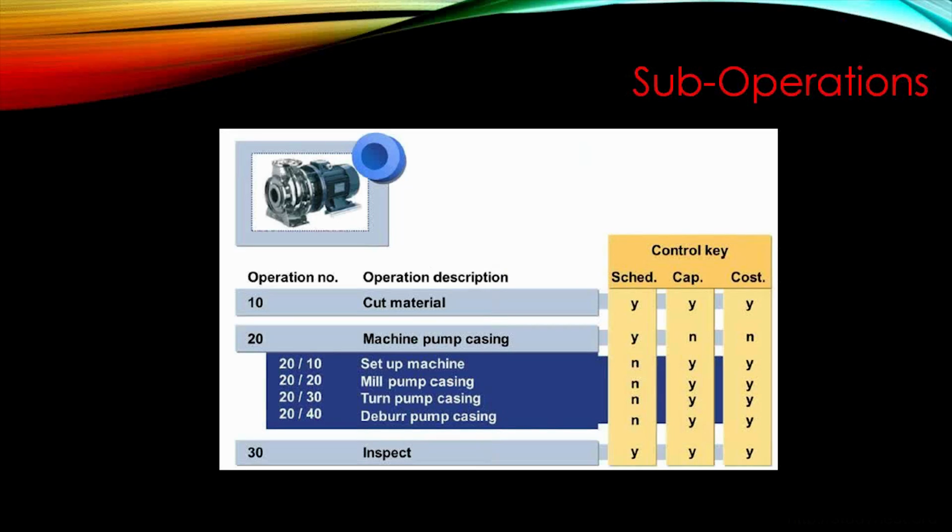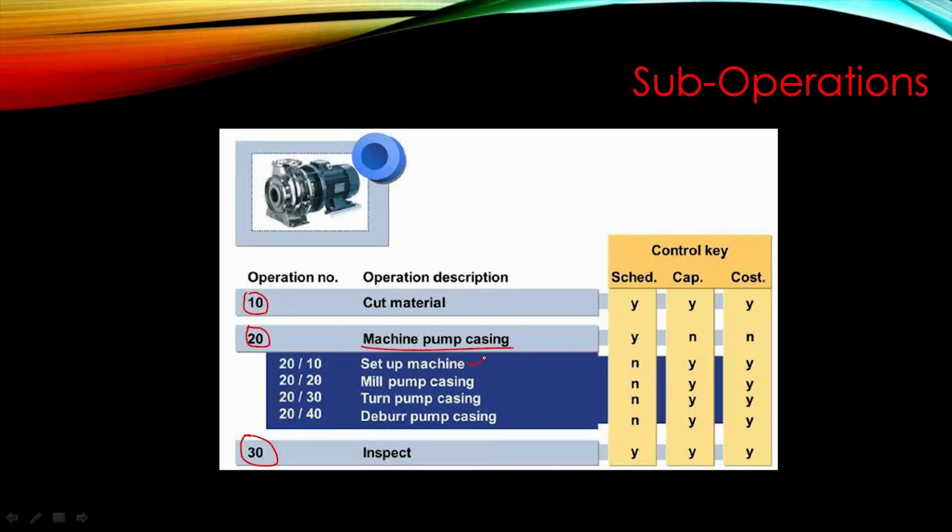So what sub operation means is, as you can see here in the screen, that if you want to elaborate an operation, for example here you can see there are three operations, operation number 10, 20 and 30, but if you want to expand the second operation and you want to elaborate, the second operation is saying machine pump casing, but you want to say that there are 4 parts of this operation.